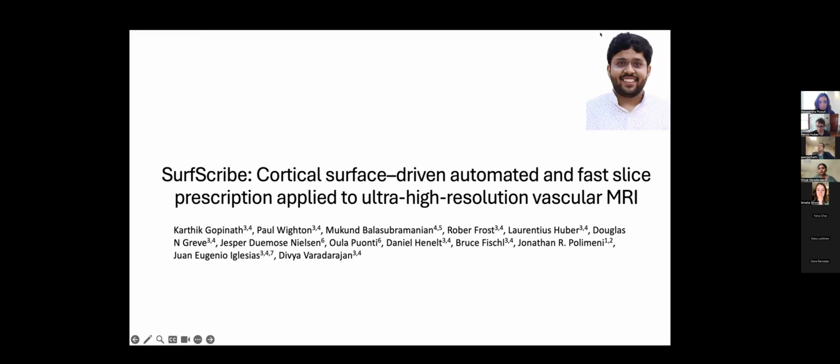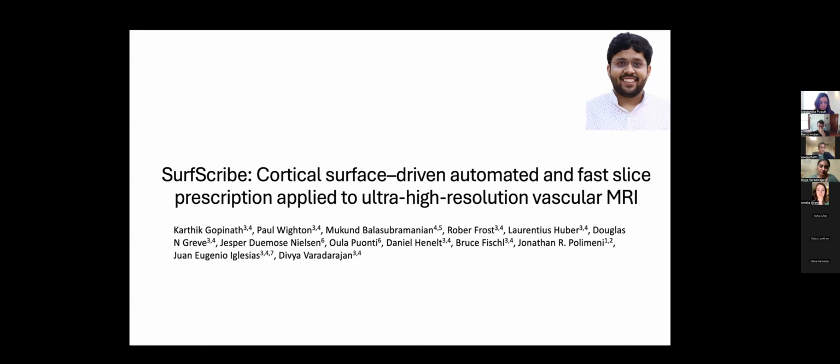This is work done by Karthik, who's a postdoc at the Martinos Center, where, like I said, we are really looking at how to place these slices very precisely so that they are orthogonal or perpendicular to the intracortical vessels, or to place them in a specific ROI with good accuracy.